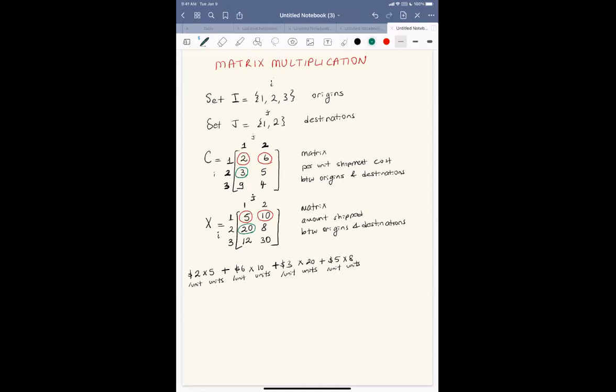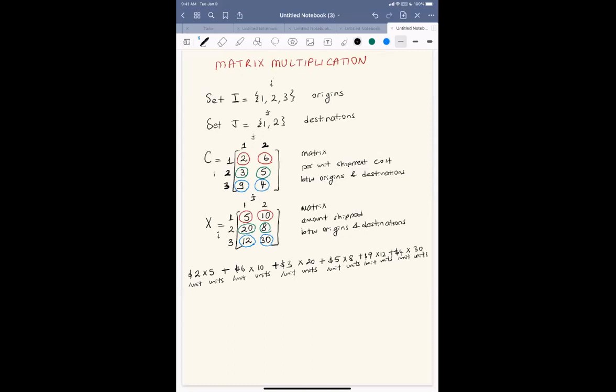Again, these are the numbers I'm referring to, 5 and 8. Now I'm going to move to the third row, the third origin. So I'm going to multiply 9 with 12. That's $9 per unit, and we shipped 12 units. Plus, we ship 30 units at $4 apiece. So $4 per unit times 30 units.